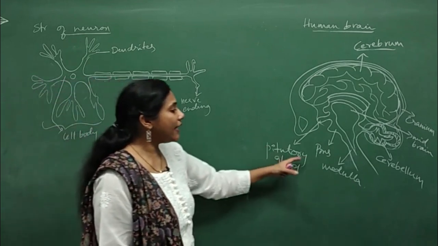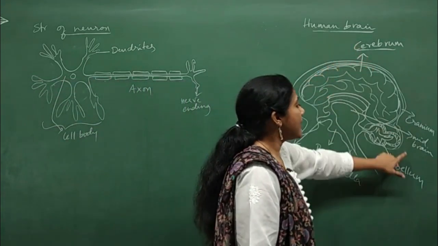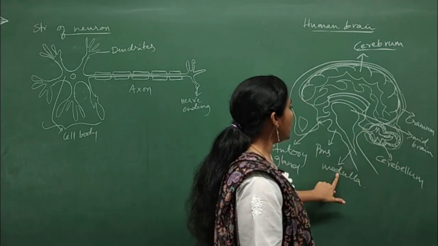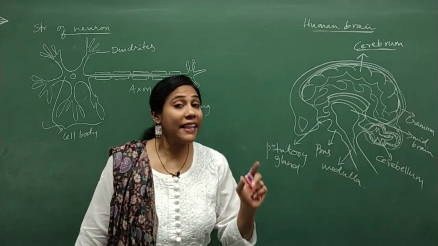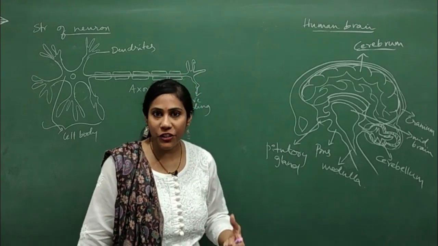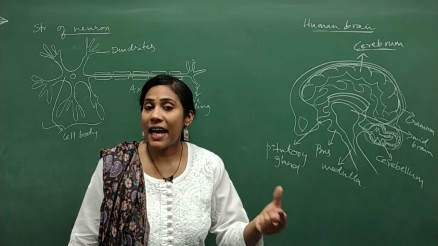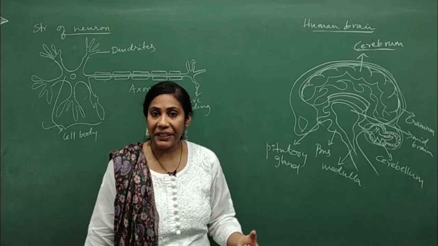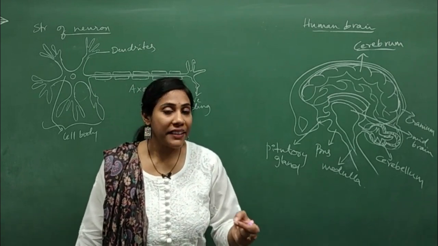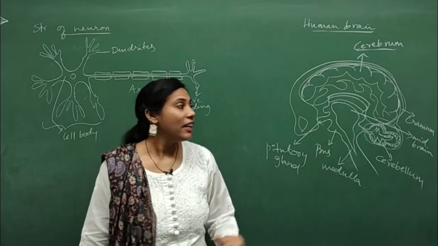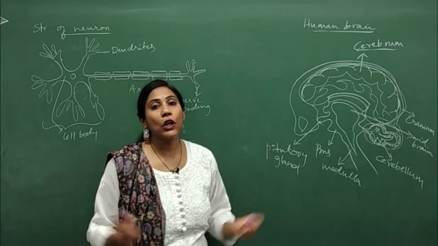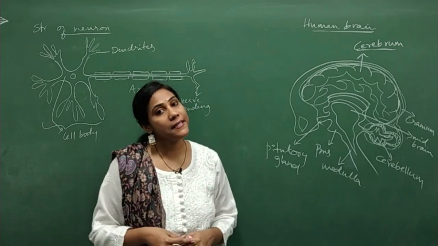And for each and every part, cerebrum, cerebellum, medulla, you must know the function, which I have clearly explained in the biology video, that is the target of scoring 60 marks out of 80. That video link I'll provide in the description, where you can check every part's function. Right? So this is how easily you can draw the human brain and label its parts.